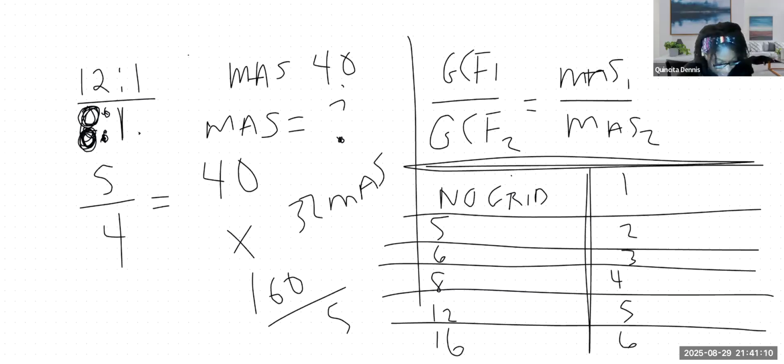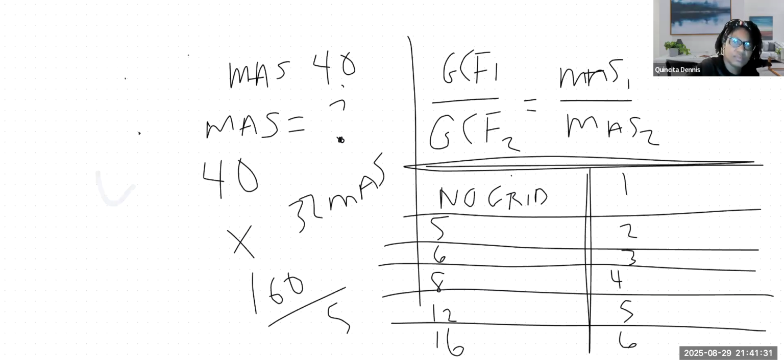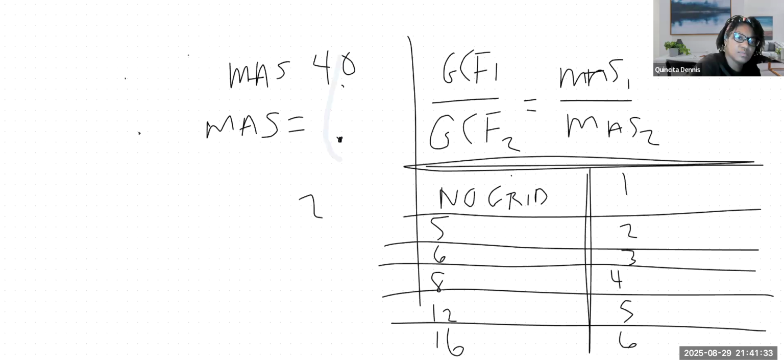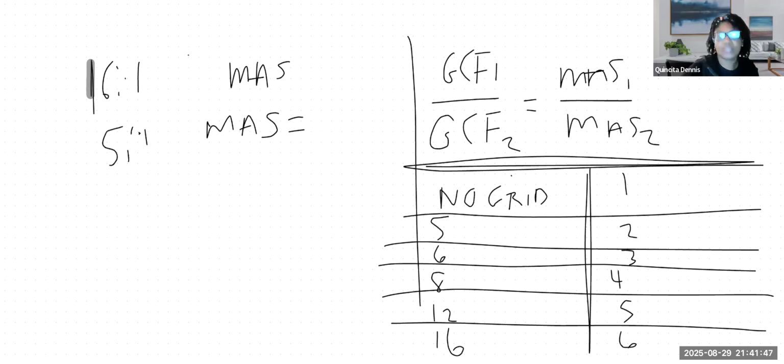All right, how about let's go from a 16 to 1. Did I do that one already? 16 to 1 grid to a 5 to 1 grid. And the original mass was 60.